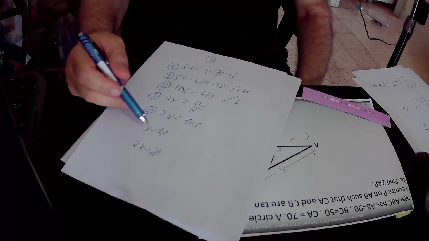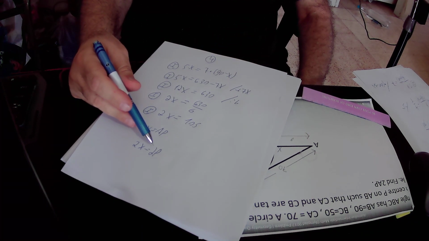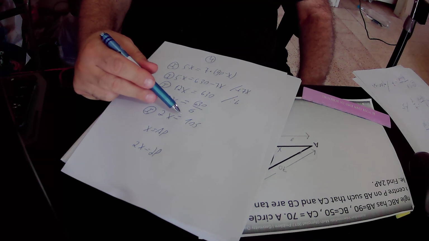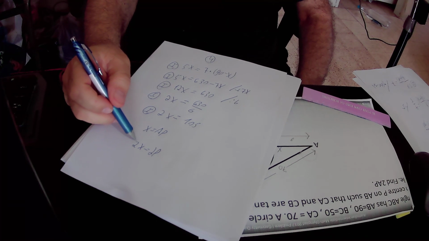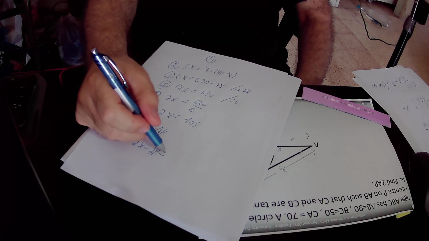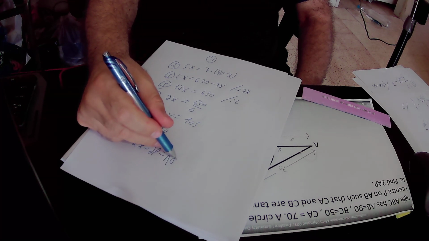X equals AP, so 2x equals 2 times AP, and 2x equals 105. So we can add here that 2x equals 105.